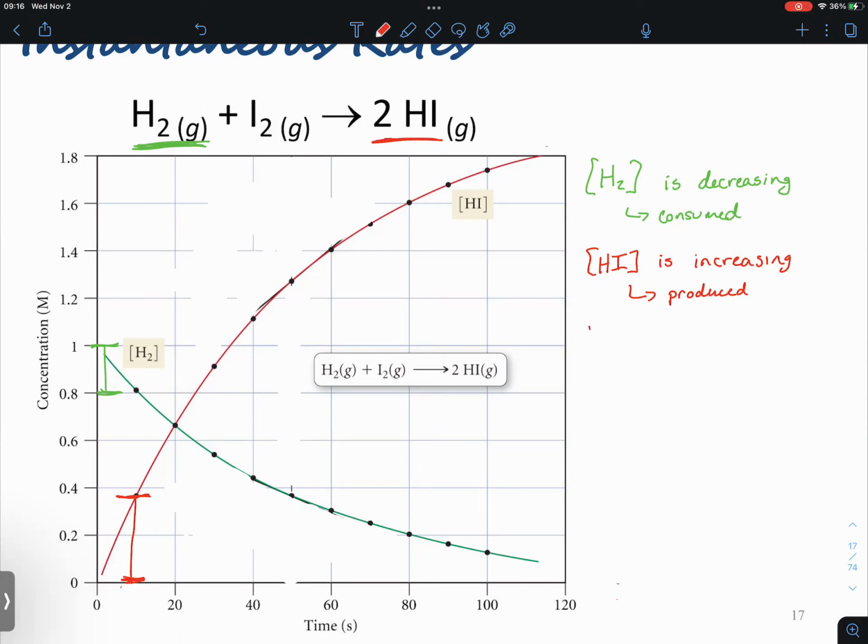So the increase in HI is 2 times the decrease, so I guess -2, we can say, times that change in H2.